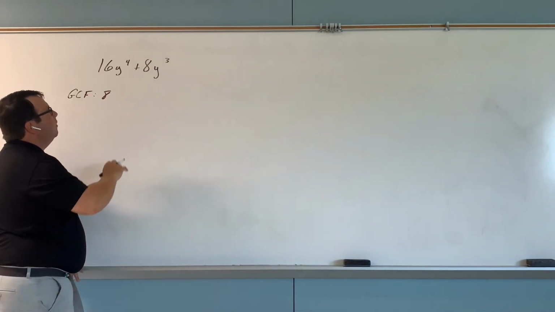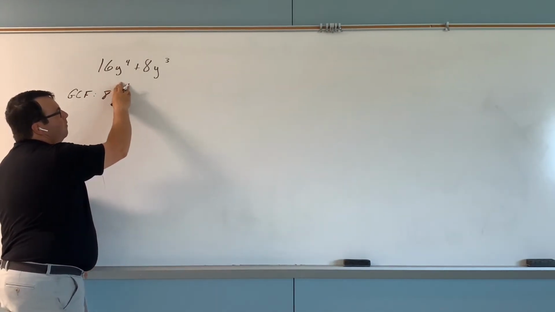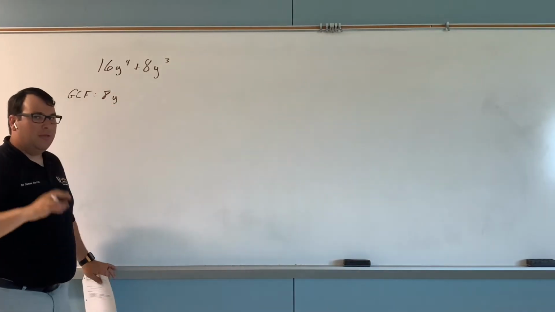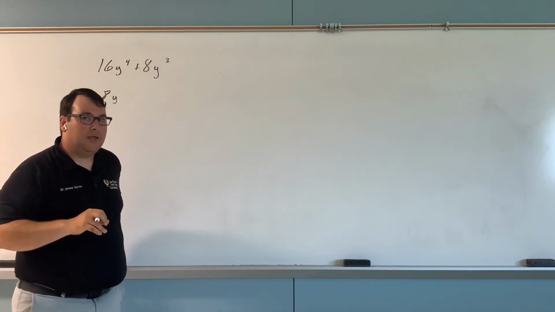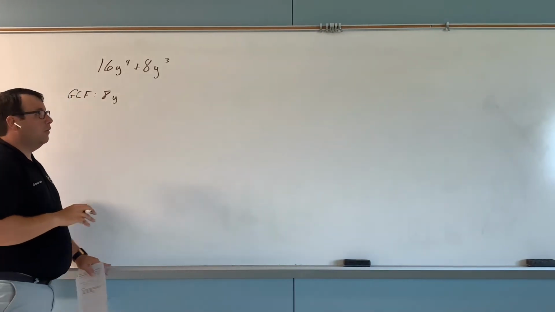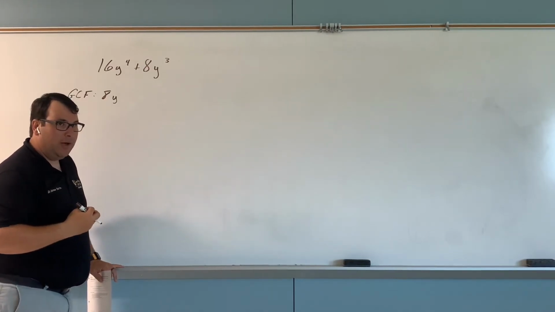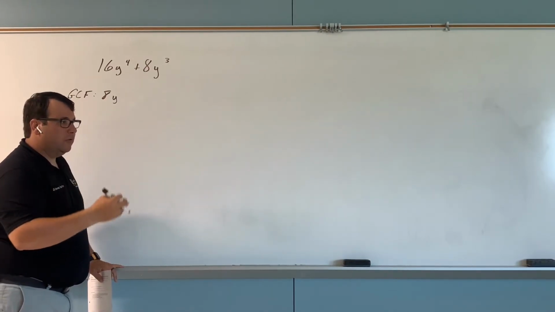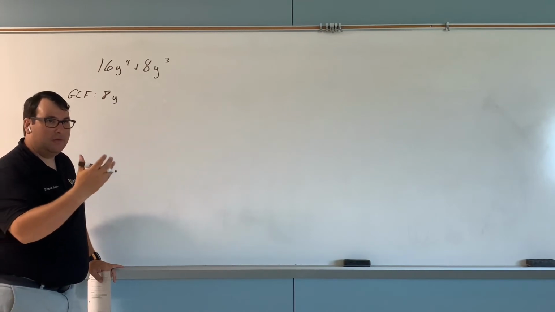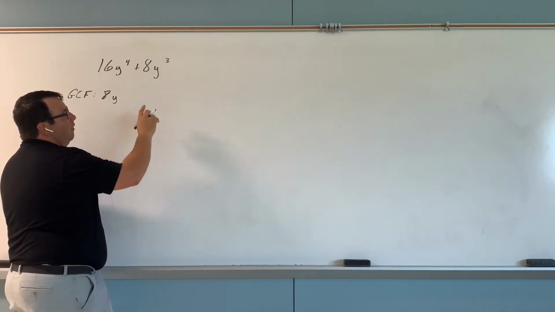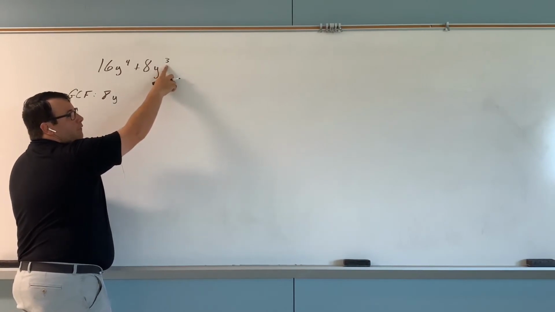And then, what is my common variable? Y. Now, how many y's can I pull out? And this is actually very easy to identify. In any given polynomial, the most number of variables that you can pull out from every single term, as long as every single term has the same variable, you can pull out the lowest exponent value.